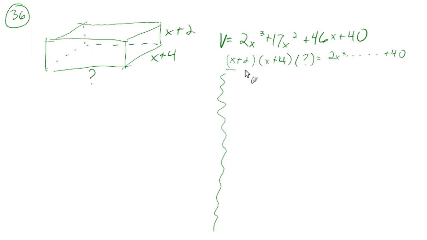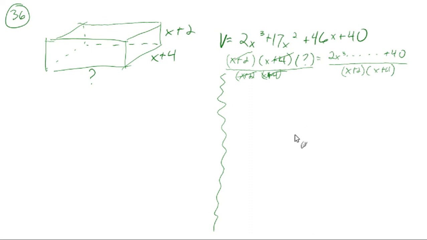Well, let's divide by x plus 2 and x plus 4. That cancels out these common factors, and when we divide this by x plus 2 times x plus 4, we should get question mark because now it's by itself. So how to do that?